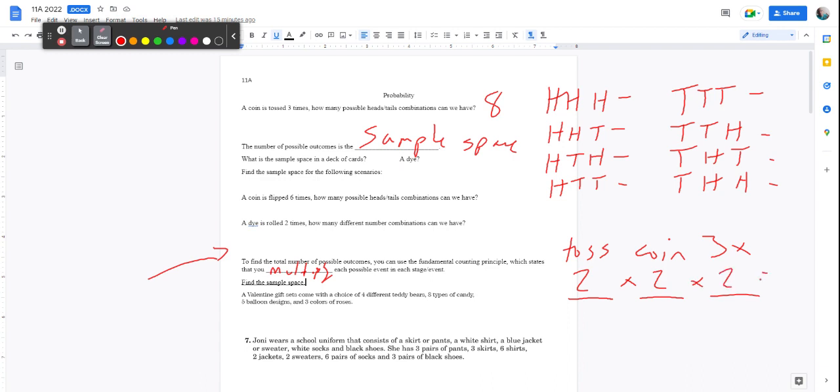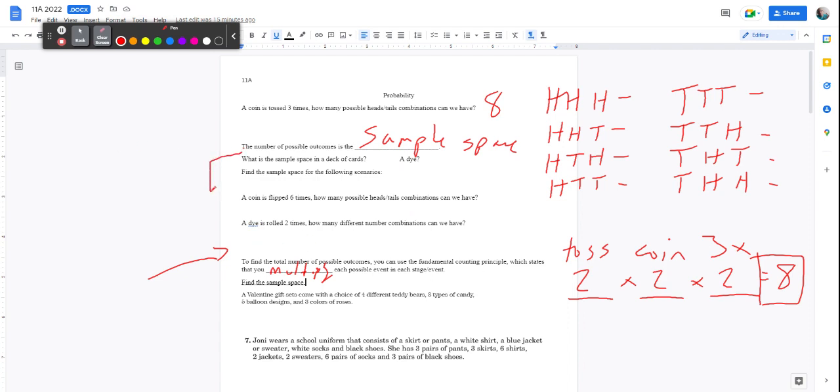So if we toss a coin 3 times, the sample space is 8, because we multiply each possible event. There are 2 possible outcomes on the first event, 2 on the second, and 2 on the third. So 2 times 2 times 2. That's the sample space.